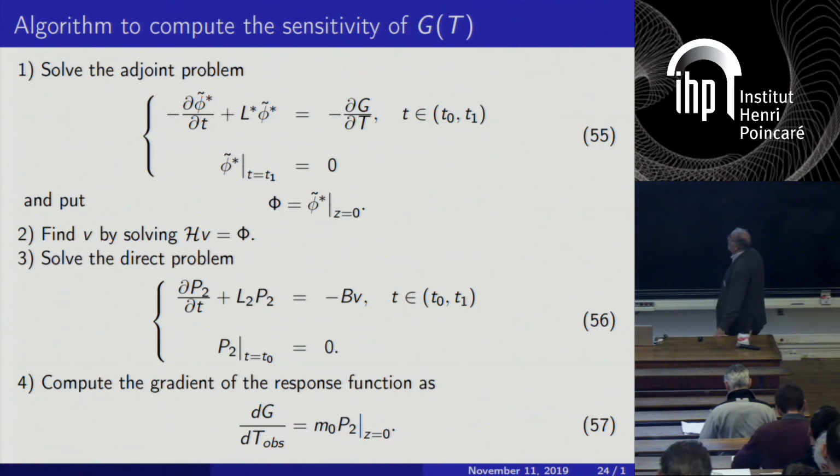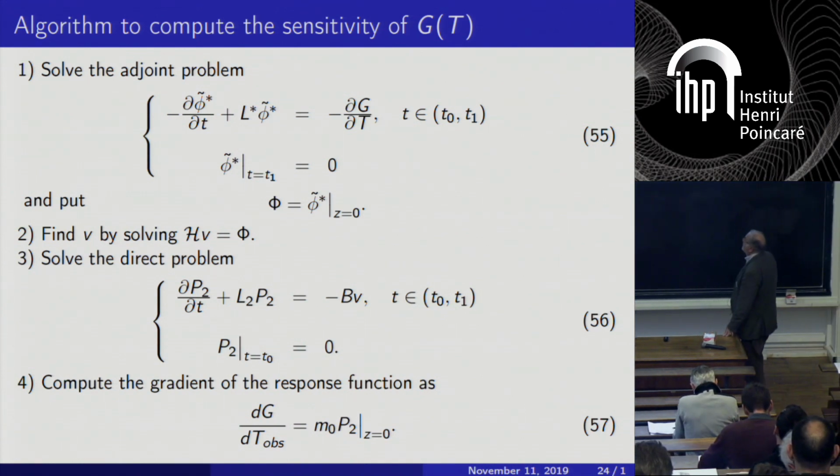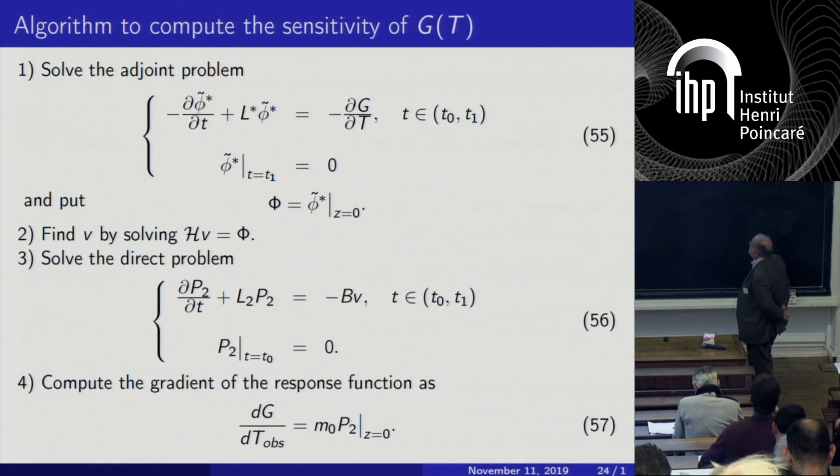So to summarize, this is the algorithm to compute the sensitivity. First, we solve this adjoint model, minus d phi tilde star is equal to this condition, with a final condition at time t1. And we put capital Phi equal to the value of phi at the initial time.